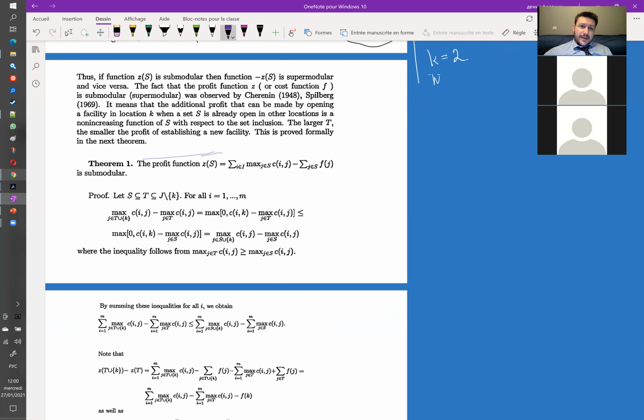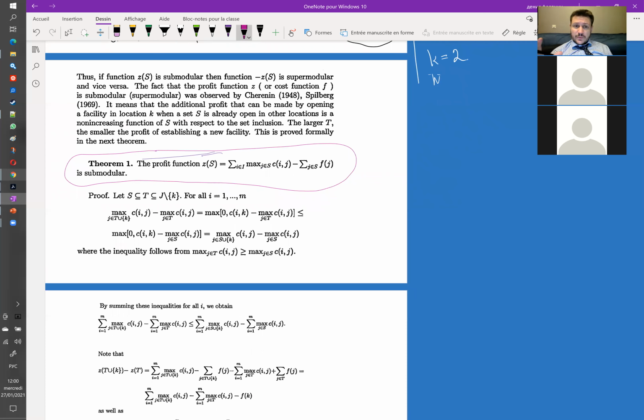And the very important thing here is that the profit function that we have written for those problems, I mean, bank accounts or offices and so on and so forth, is submodular. It can be proven, so there is a proof here, but it gives a sense to all our moves here.